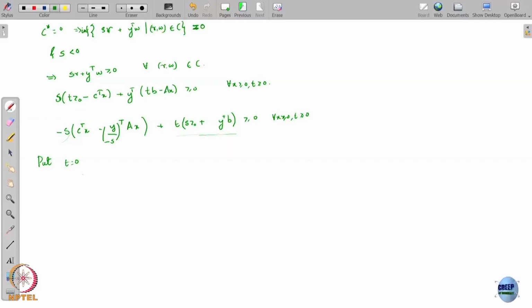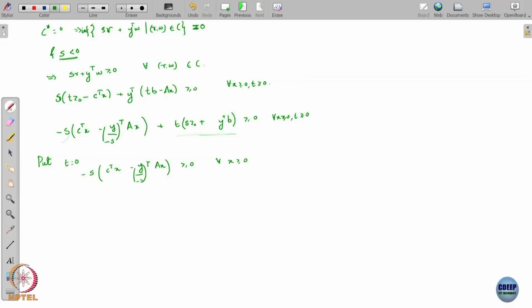So, all I am left with is minus s, C transpose x minus y by minus s transpose A x, greater than equal to 0 for all x greater than equal to 0. Now, remember s was strictly negative, we just concluded that.